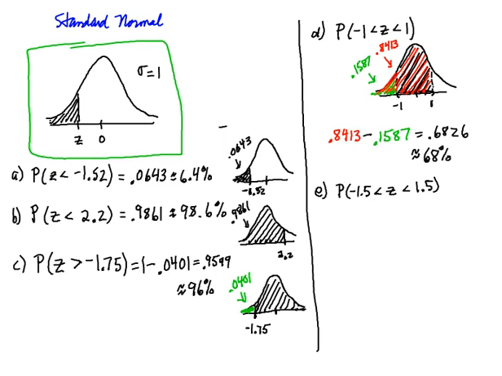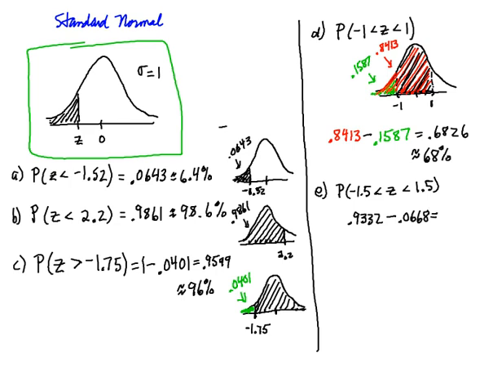For example, what's the probability in a mound-shaped distribution that a data value will be within 1.5 standard deviations of the mean? Well, to calculate that, I would do it in pretty much the same way. I would have to look up the accumulated area up to 1.5, and in the table that would be 0.9332, and subtract the accumulated area up to -1.5, which would be 0.0668.